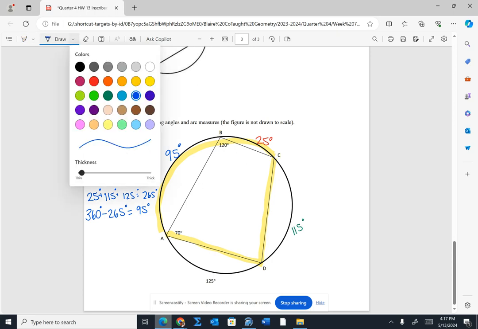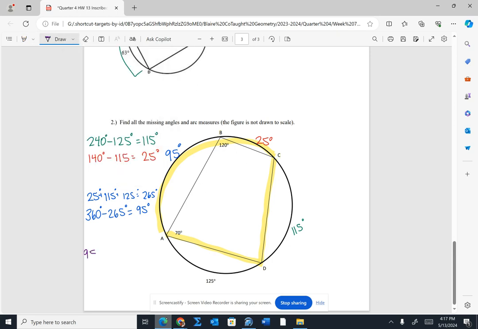And that is 120. 95 plus 25 is 120 degrees. And then I can take half because it's an inscribed angle. So 120 divided by 2 equals 60 degrees.